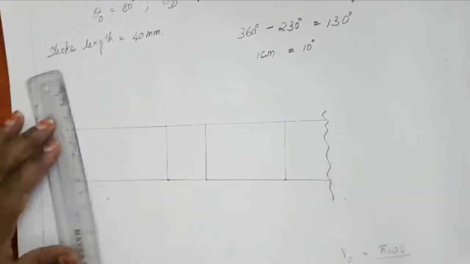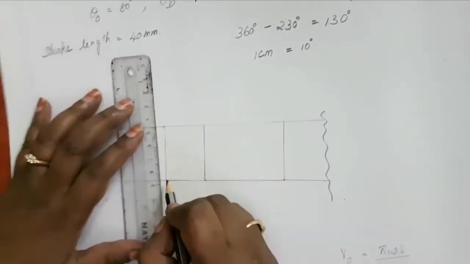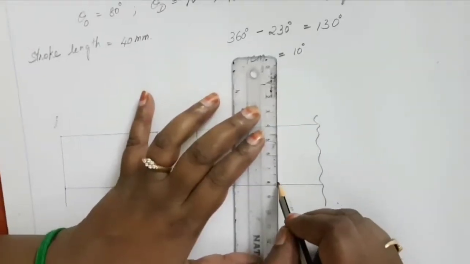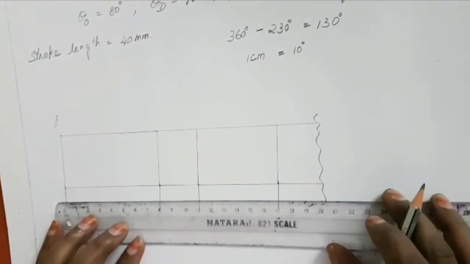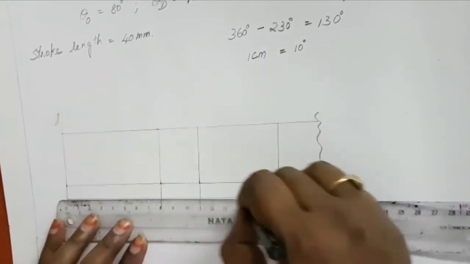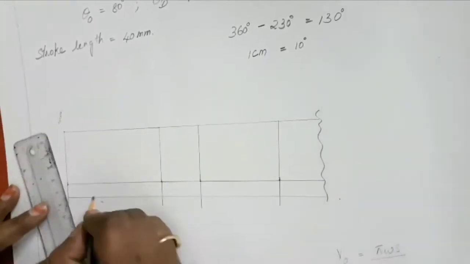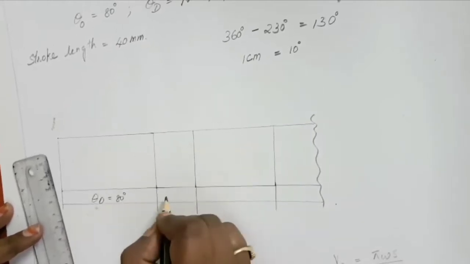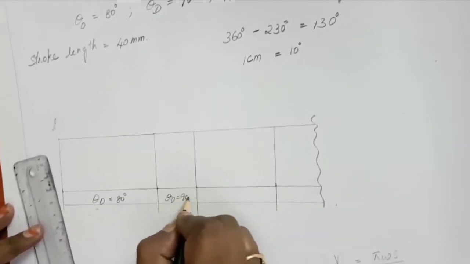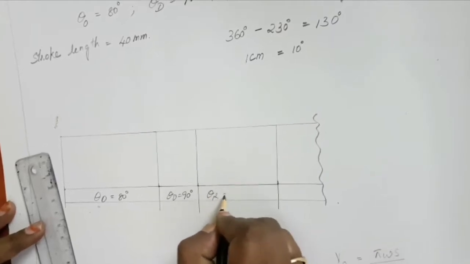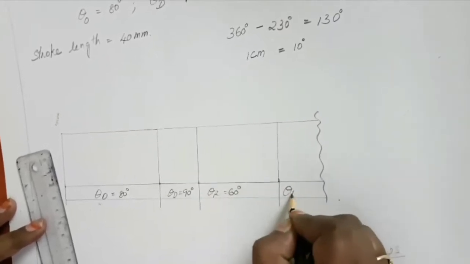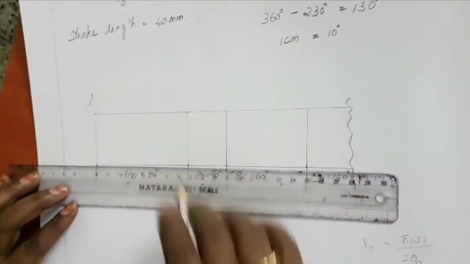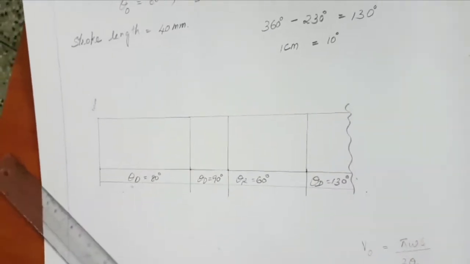Now represent these values: theta O 80 degrees, theta D 90 degrees, theta R 60 degrees, and theta D again 130 degrees. Now the construction is different.